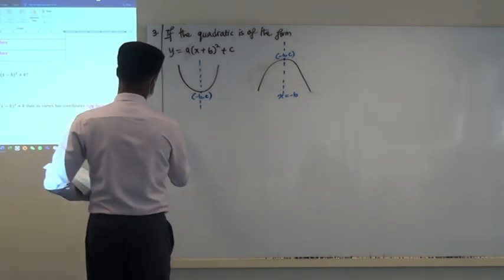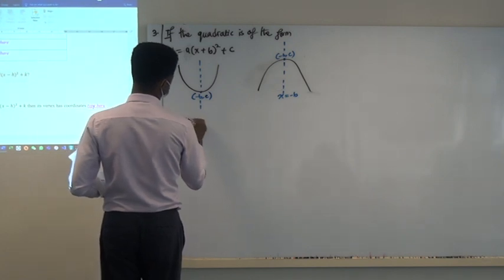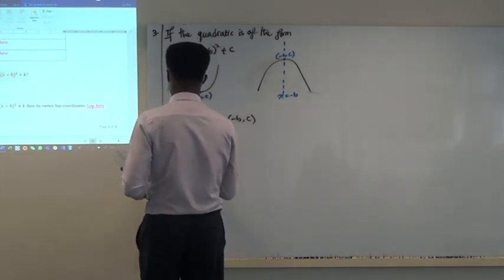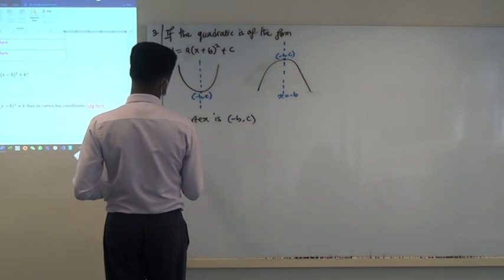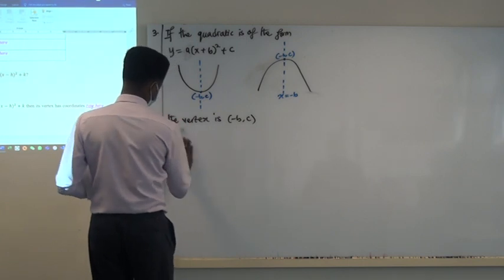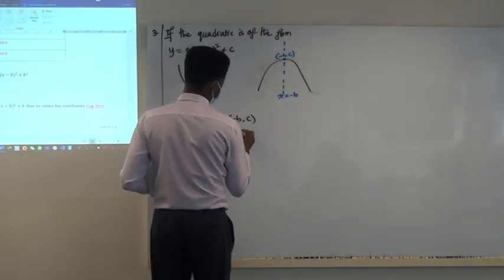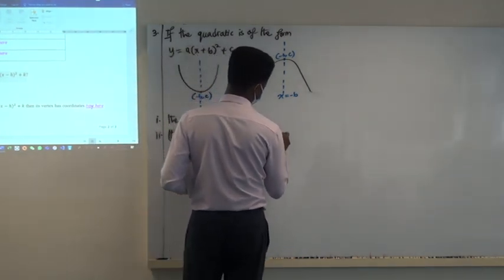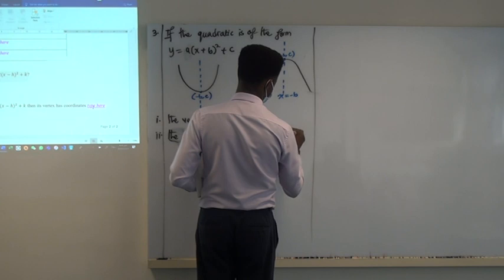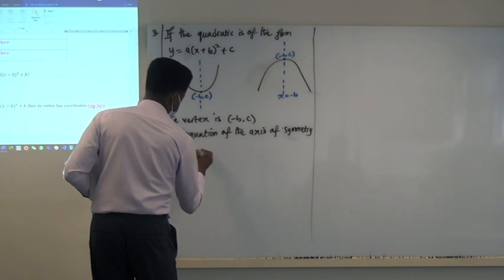One point is that the vertex is negative b, c, and that also implies that the equation of the axis of symmetry is x equals negative b.